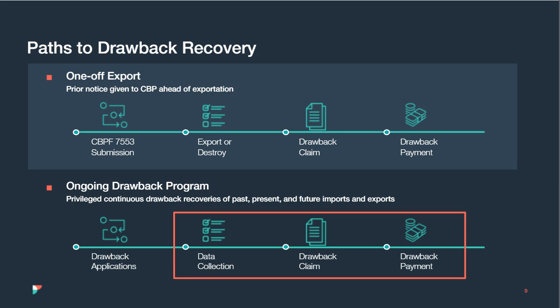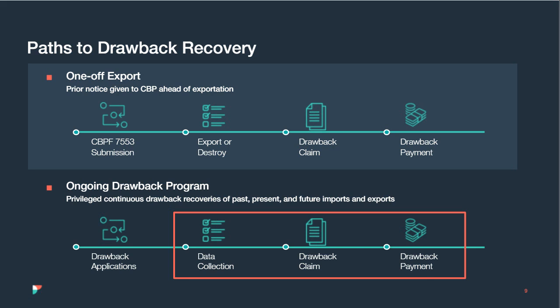What that sometimes looks like is you import something, it comes in, you accept it at your warehouse, your DC, you open up the boxes and it's moldy, or defective, or not quite what you ordered, and you're going to send it back. That is a common scenario that lends itself to the first mechanism.